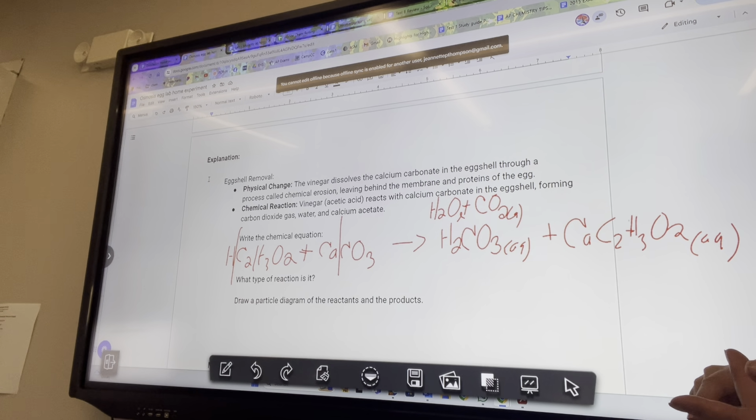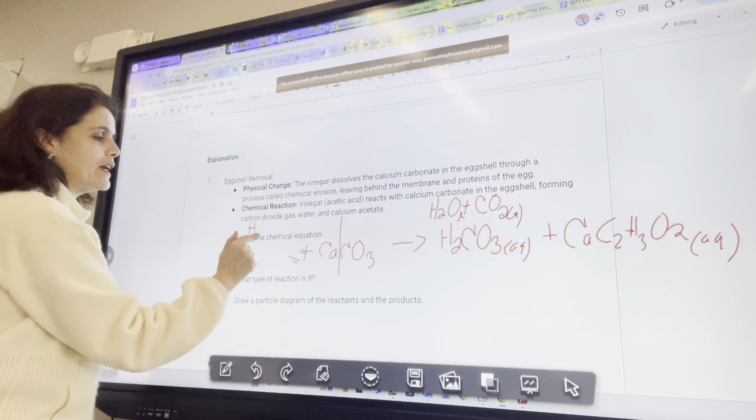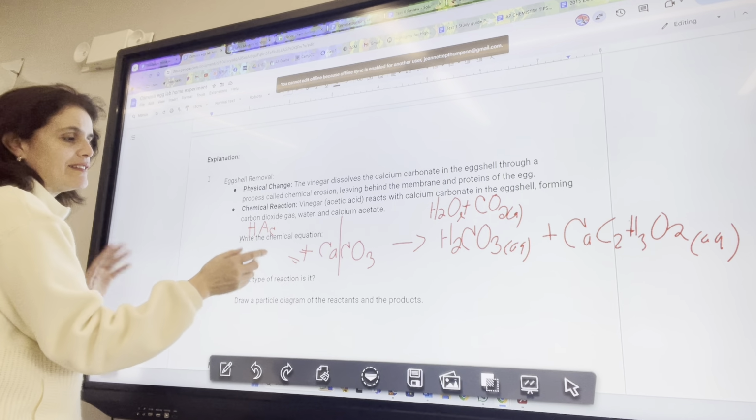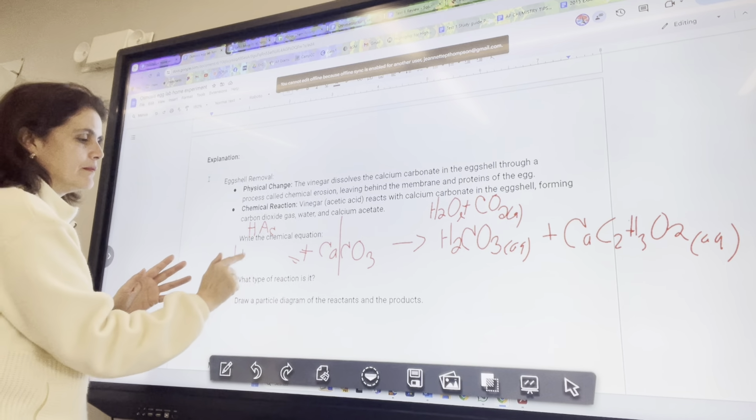So, what type of reaction is it? Double displacement. How do you draw a particle diagram? For particle diagrams, instead of writing vinegar, I'm going to replace it with HAC, which is acetic acid, same thing. Writing this every time will make the particle diagram a mess.